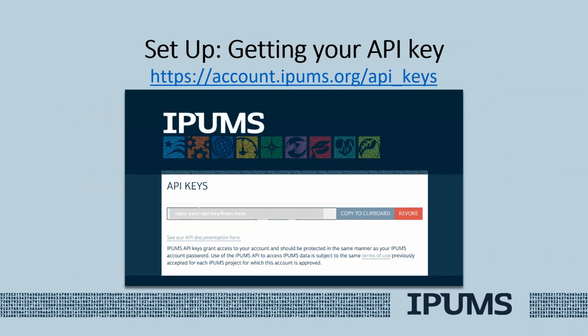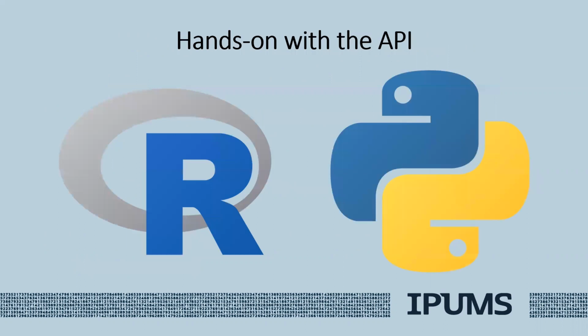Just some practical points about using the API. You do need to get an API key attached to your IPUMS account, and you can do that at this URL. I also want to flag that IPUMS maintains some tools for helping R and Python users both work with IPUMS data and also interact with the IPUMS API. They're called ipumsr and ipumspy, and we'll share some links to further information on those resources for those of you who are interested.